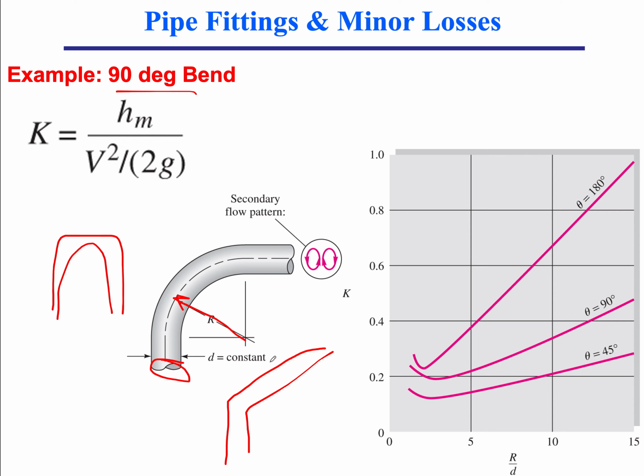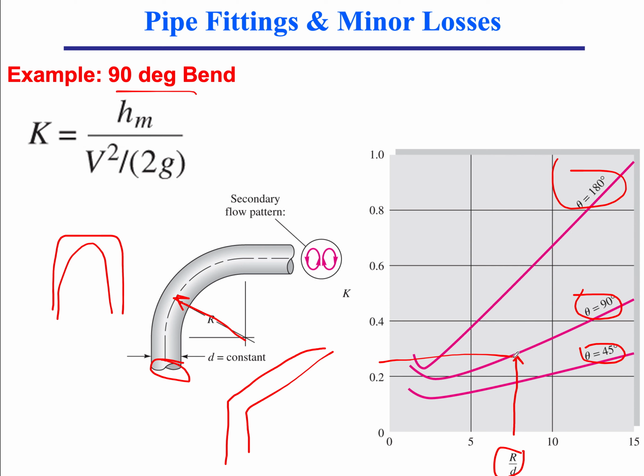So the geometry R over D, radius of curvature by the pipe diameter, is on this axis, and the other geometric feature is which fitting you have; here only 3 of those are provided. So let's say we're at 7.5 and I'm at 90-degree, my K is going to be around 0.3.